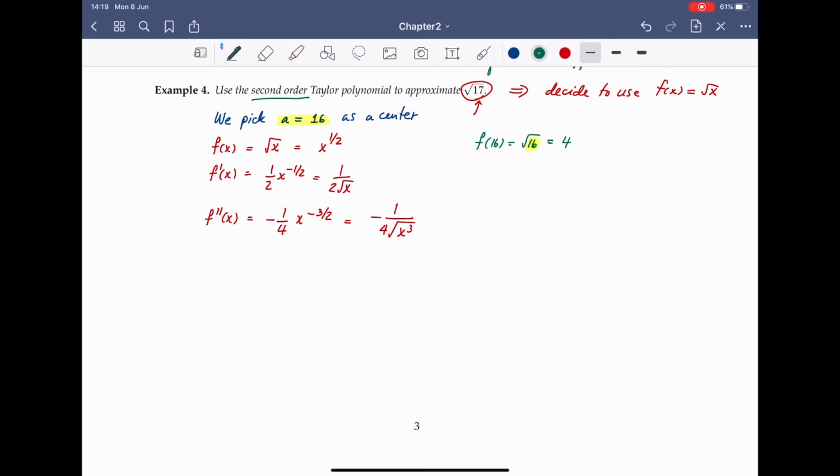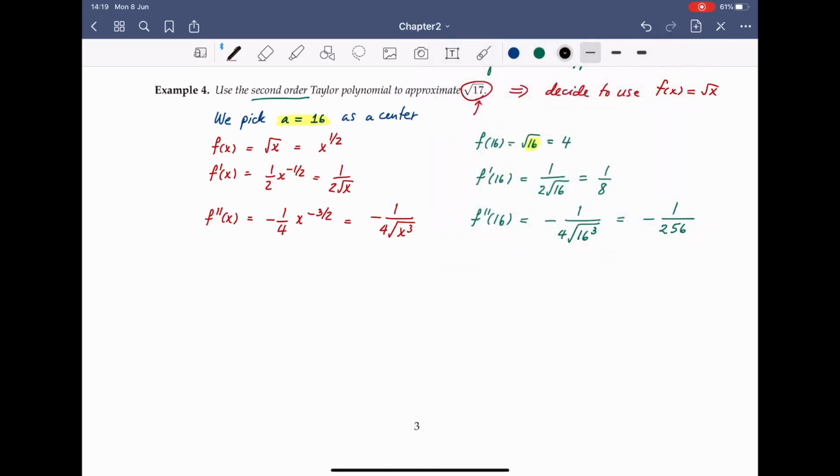After that, I compute f'(16), so I have 1/(2 times square root of 16), which is 1/8. And then f''(16) is negative 1/4 times square root of 16 cubed, which is negative 1/256. All right, we have everything on hand and ready to compute.